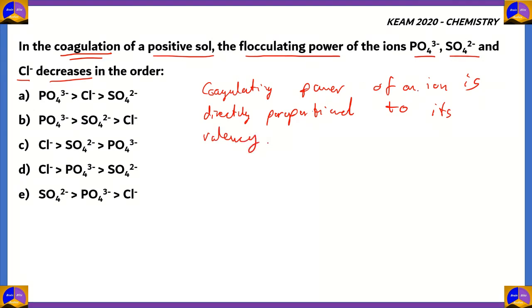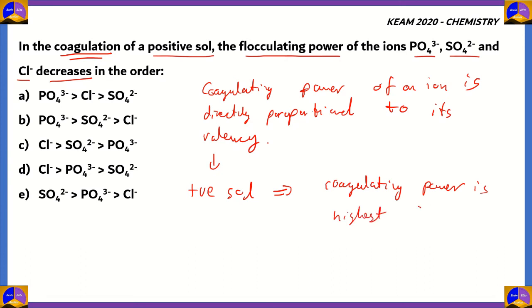So therefore, since the coagulating power is directly proportional to its valency, if you have a positive sol that needs to be coagulated, the coagulating power is highest as the ion becomes more negative. So if your ion is more negative, then its coagulating power is highest.